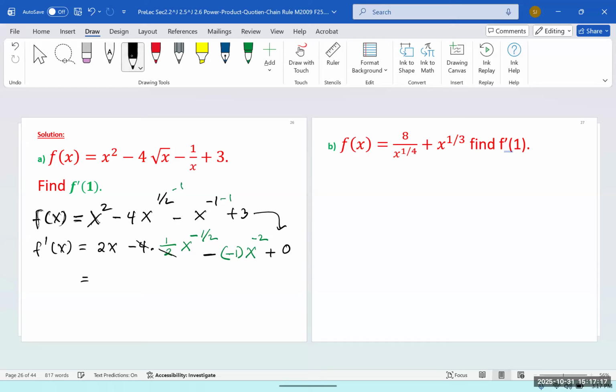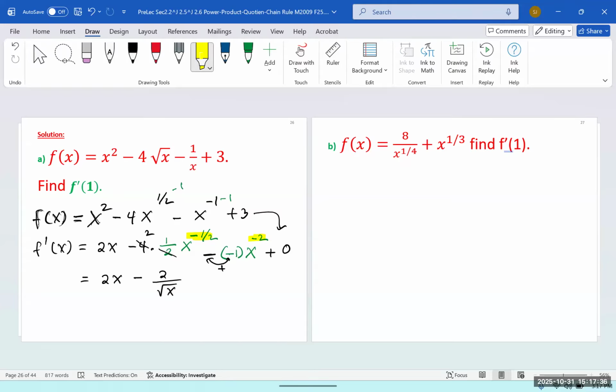So half of 4 is 2. Minus and minus turn into plus. And then the -2 power means we are going to write these on the denominator. So we have 2x minus 2 times square root of x.